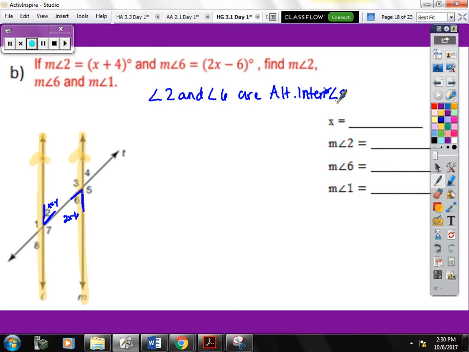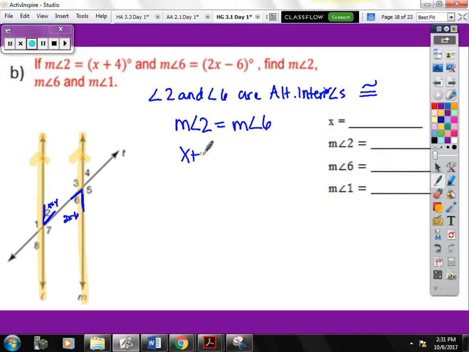And we know alternate interior angles are congruent when we have parallel lines, which we do. And we know that the definition of congruence is that their measurements are equal. So we know the measure of angle 2 has to equal the measure of angle 6, which is the definition of congruent angles. And then we can substitute in.